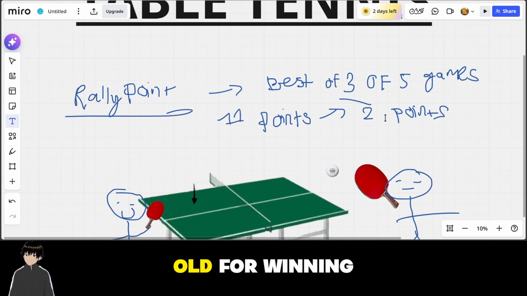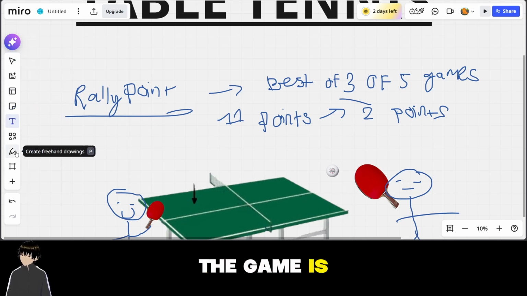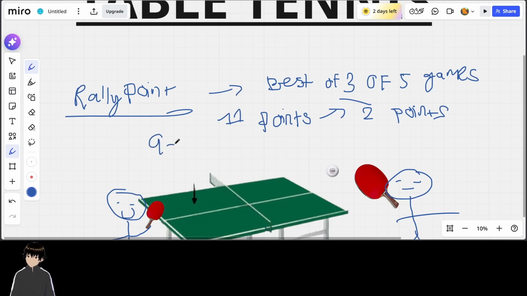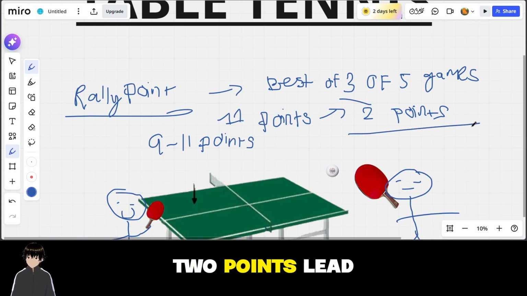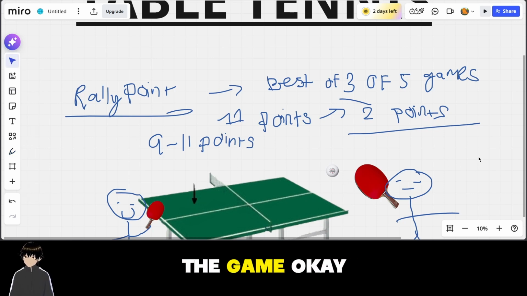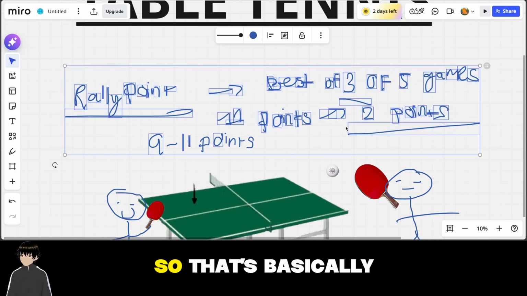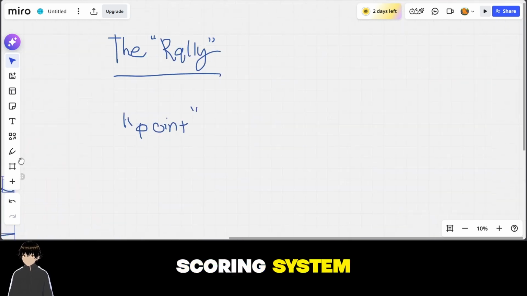So the threshold for winning the game is around 9 to 11 points. If you have a minimum of a 2-point lead against your opponent, you've already won the game. So that's basically it for the scoring system.